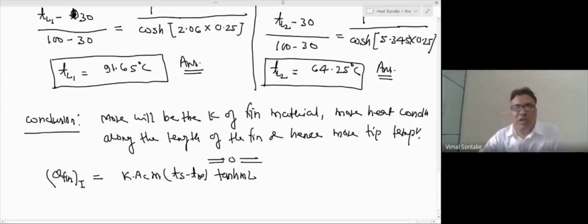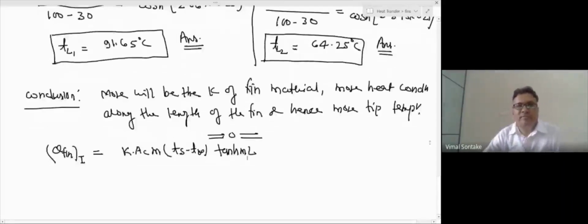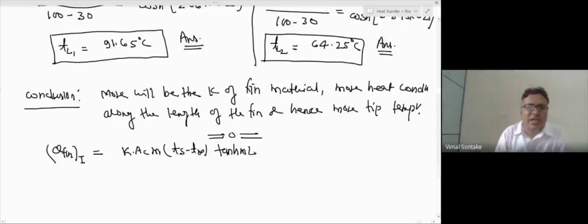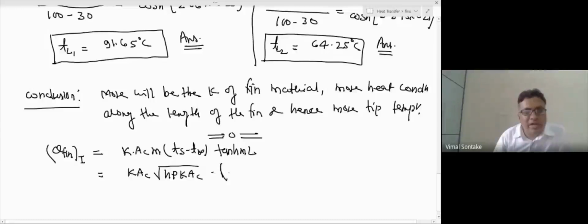Are you able to locate this formula on the same page? There is a table: temperature distribution, then fin efficiency, then heat transfer rate. This formula can also be written like this.